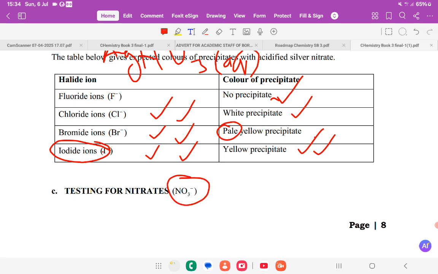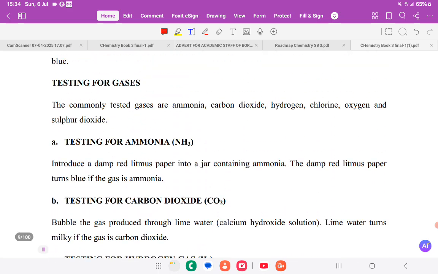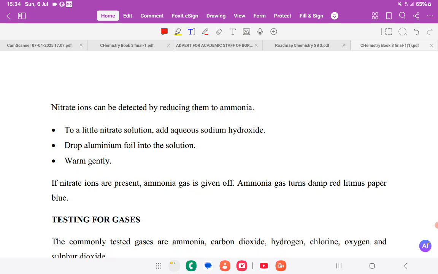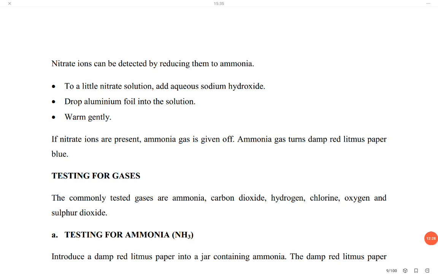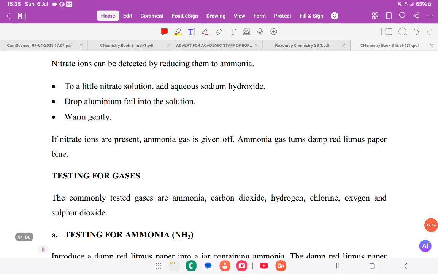So in order to tell the presence of a nitrate ion, all you have to do is first of all take a little nitrate solution, then add aqueous sodium hydroxide. Then you drop a small aluminium foil into the solution and warm gently.